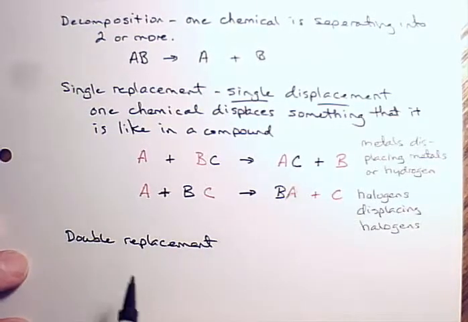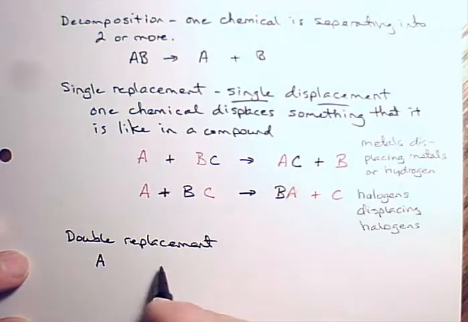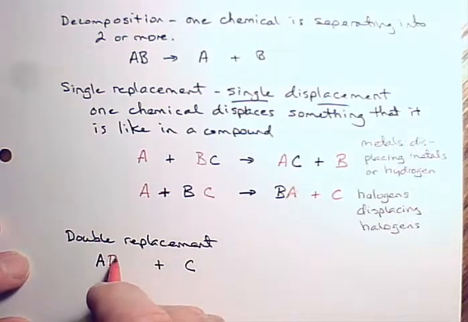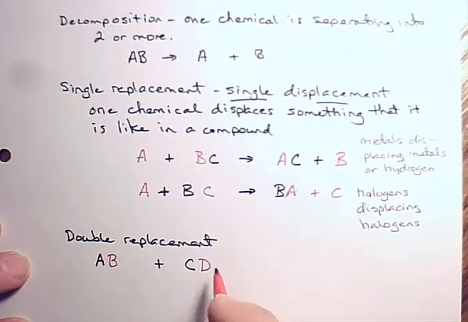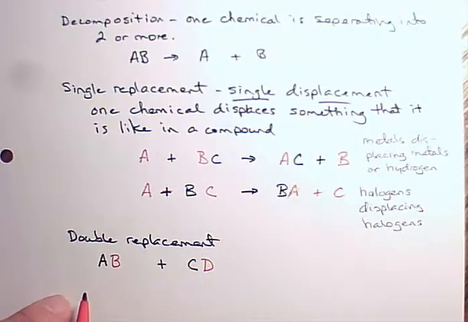Now then, double replacement means that I've got a couple of chemicals, and I'm going to color code them again to help you out. So this is A and B and C and D. B and D are alike in some way, and A and C are alike in some way. And almost always, though not every single time, these are ionic compounds or acids and bases.